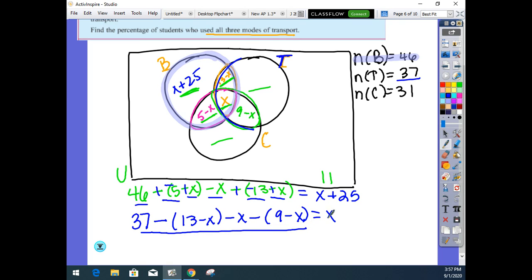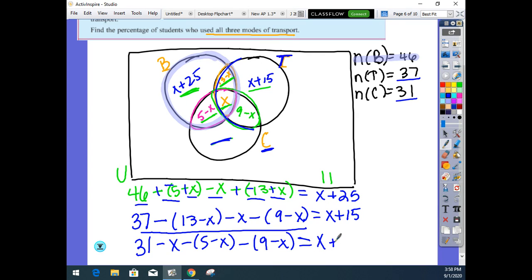And that's going to simplify to x plus 15 to go in my leftover spot here. Now I've got to figure out my car. Car is 31 minus everything in my car circle. So minus x, minus 5 minus x, minus 9 minus x. Simplify all the like terms.